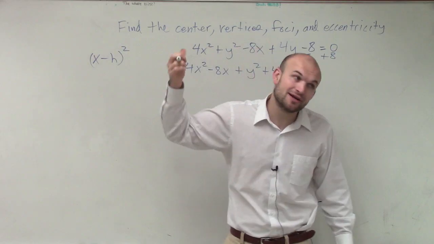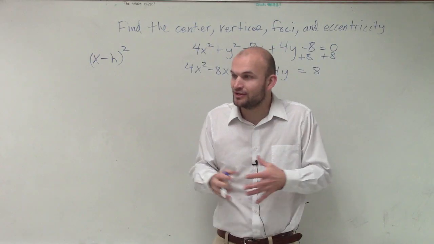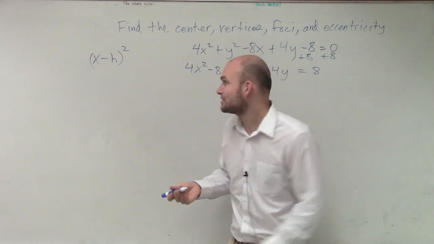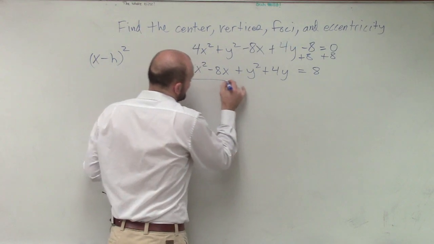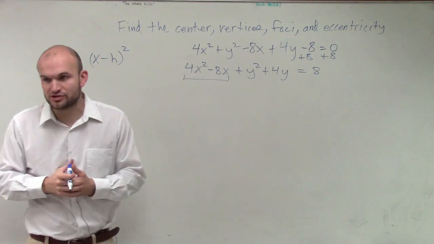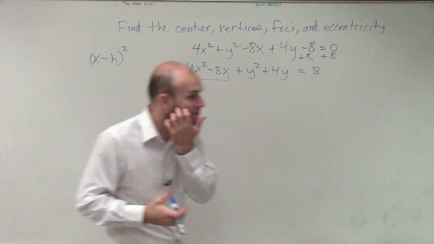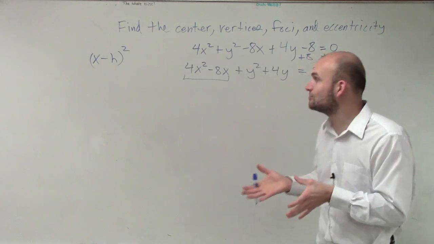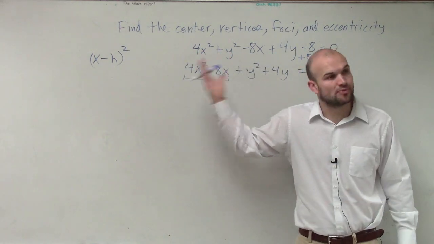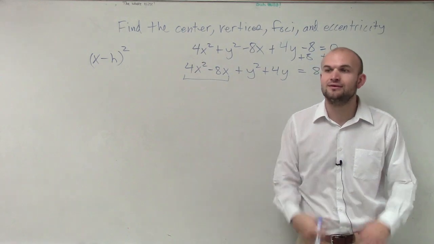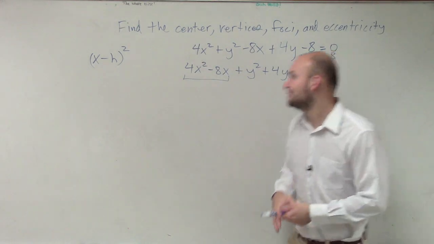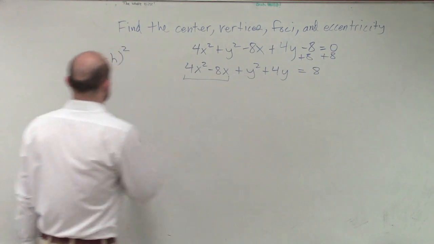The only way we get a binomial squared is when we factor a perfect square trinomial. So I need to take this and make it a perfect square trinomial. And the only way that we've learned how to make a binomial into a perfect square trinomial is by completing the square.